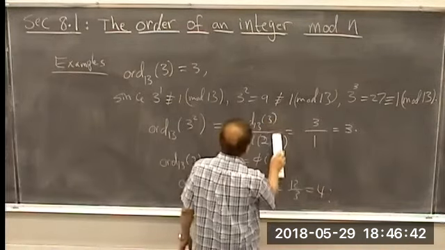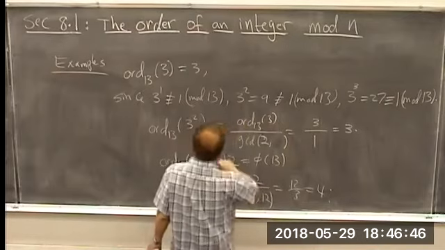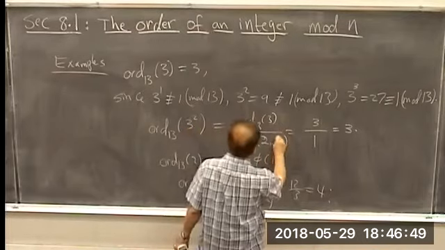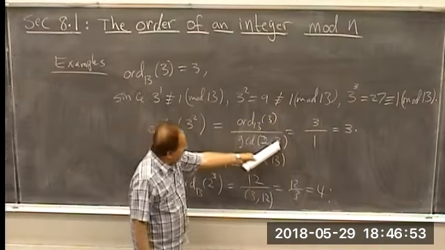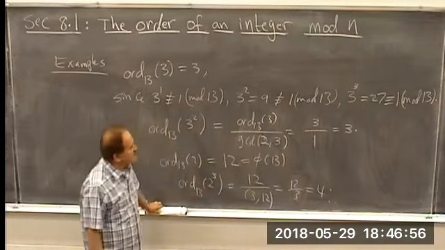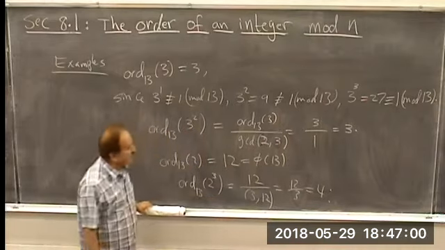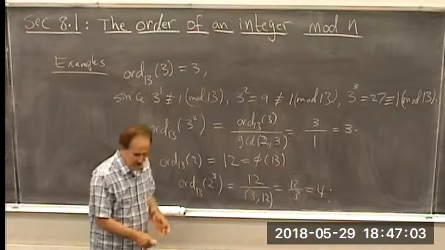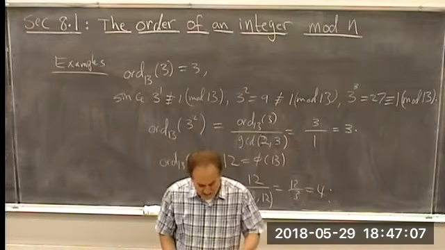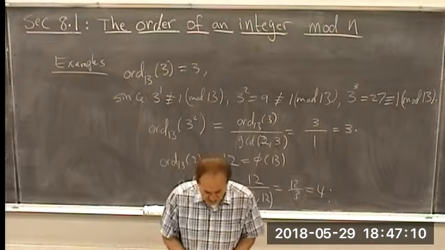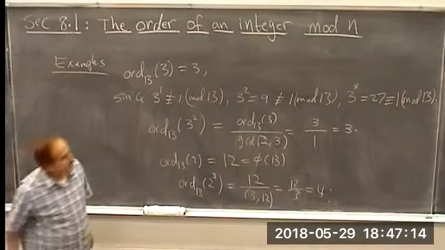I'm sorry, the exponent is 3 and the order of the element is 12. Fortunately, this is the correct answer, but with incorrect justification. All right, let's look at one other example to illustrate the second corollary.